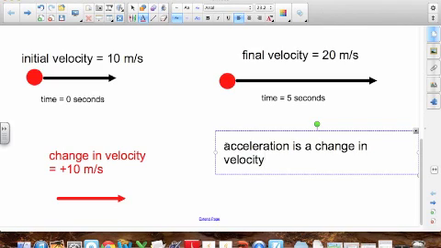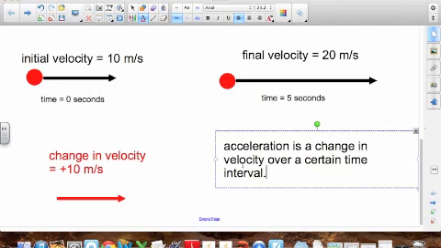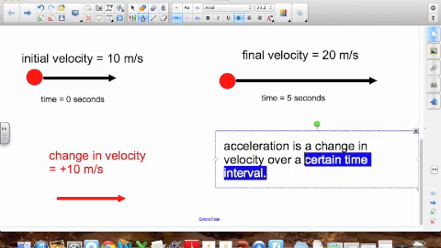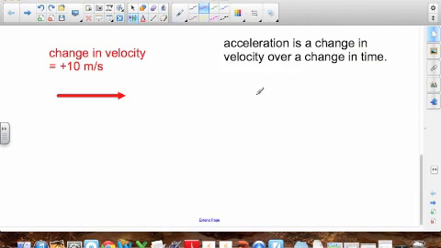It's a change in velocity over a certain time interval. Okay? So it's a change in velocity over a change in time, basically. Now the way that we wrote this formula is that acceleration is equal to a change in velocity over a change in time. Okay?